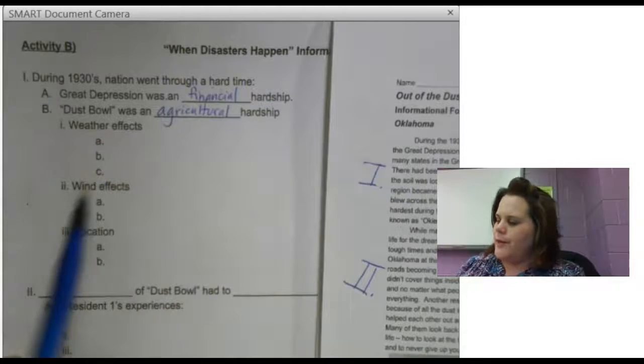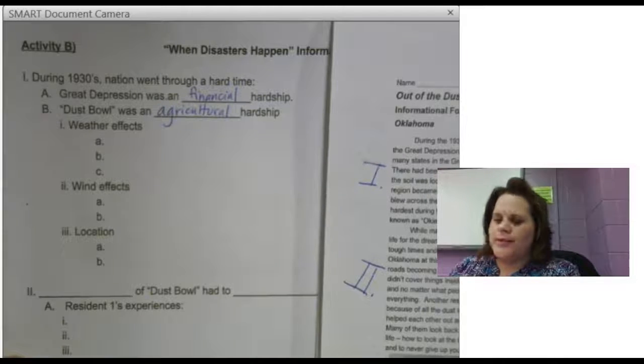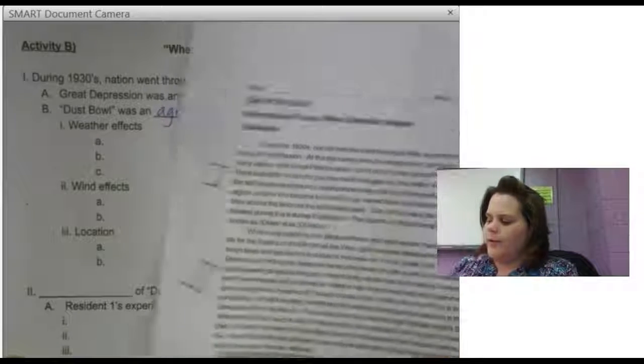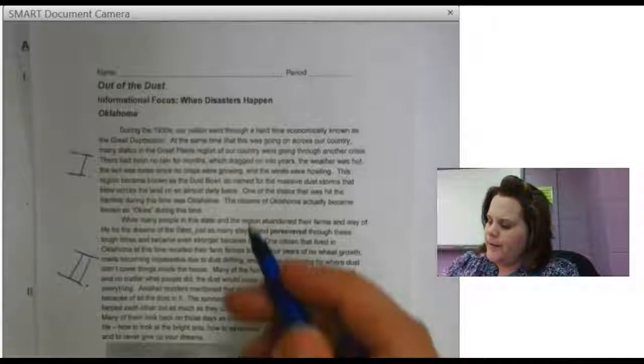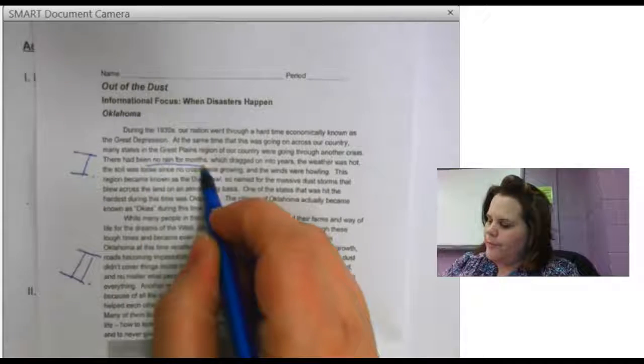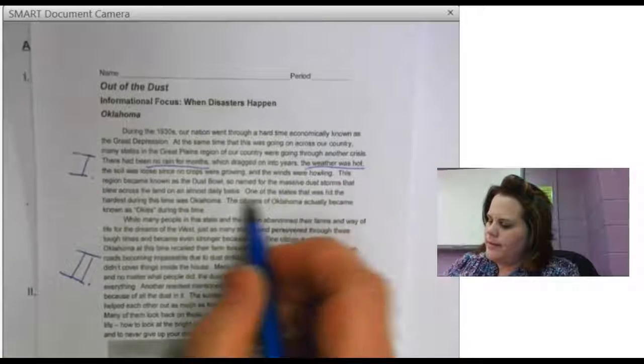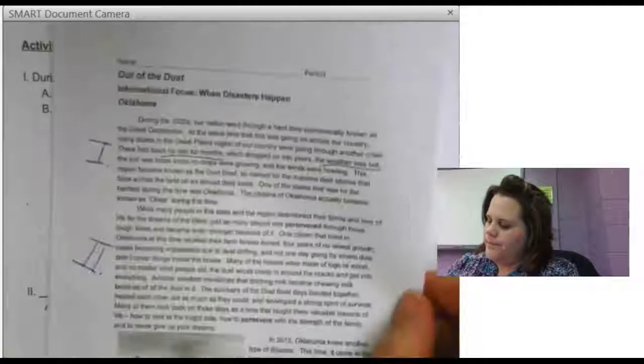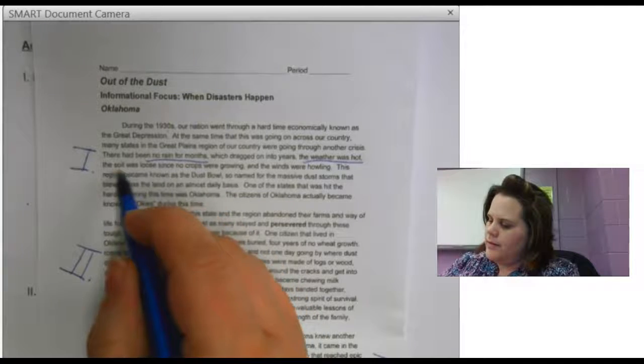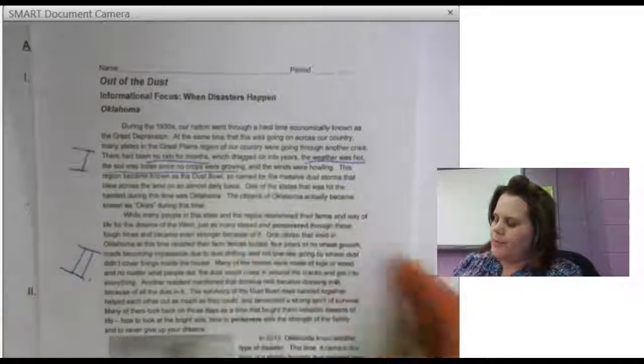The effects from the weather, there are about 3 listed, so see if you can find the weather effects. No rain for months. The weather was too hot. The soil was loose and no crops were growing.